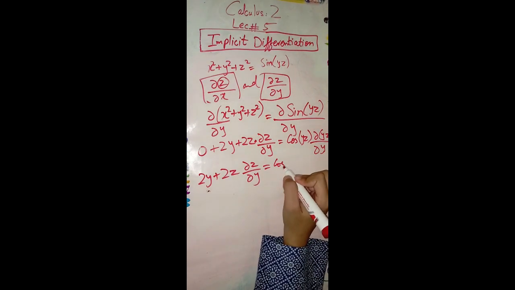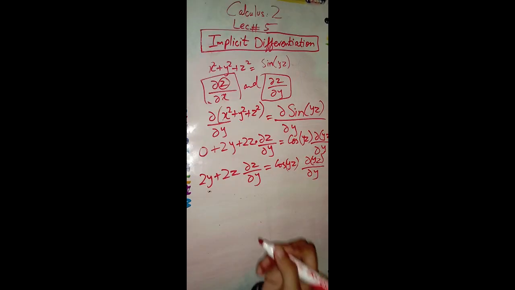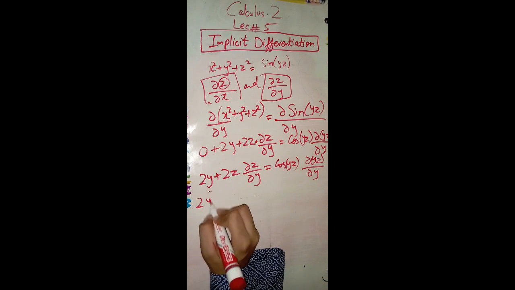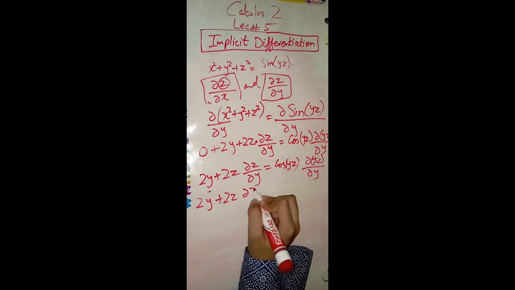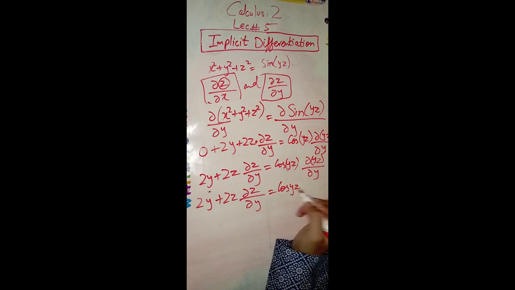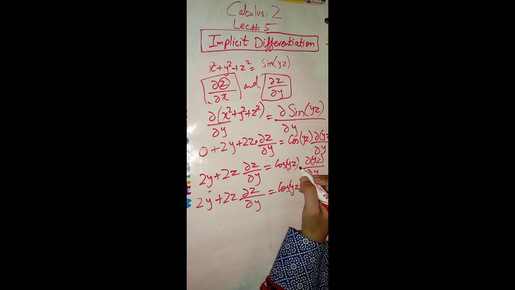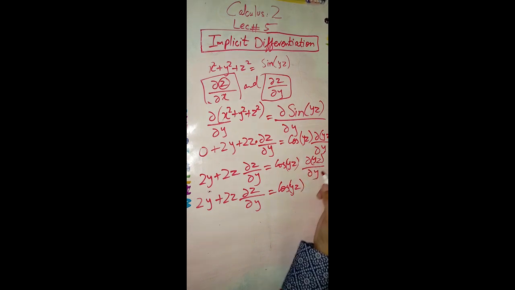So cos yz times partial of yz by partial of y. It is equal to cos yz, and as we are taking the partial of z by partial of y, it will be as it is, and we take y as a constant on the outside. So y times partial of z by partial of y.